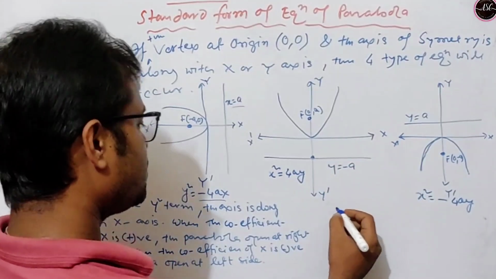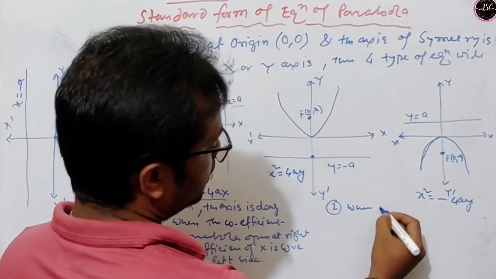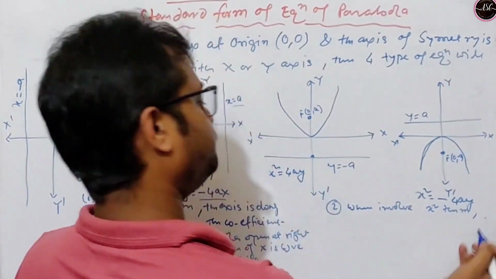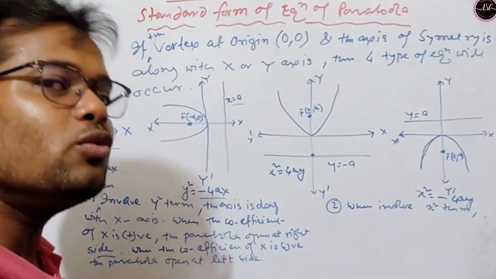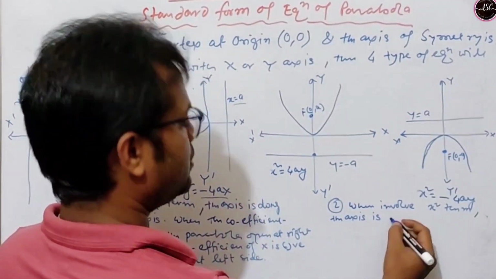Similarly, when the x square term is involved, the axis of the parabola is along the y axis.